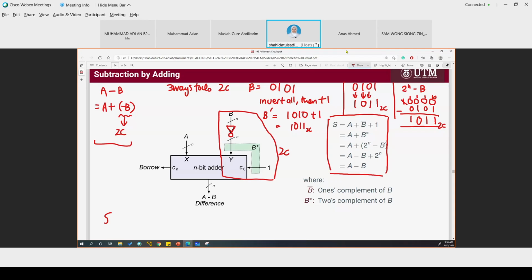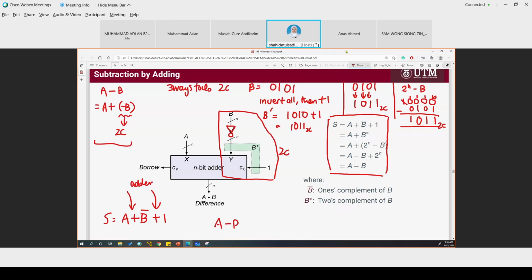So subtraction of A and B is A plus B prime plus 1. So we are doing subtraction, but we only use an adder to subtract. So this is what the slide is about. We are using an adder to subtract. Subtracting by adding.